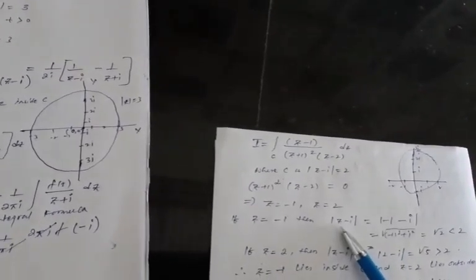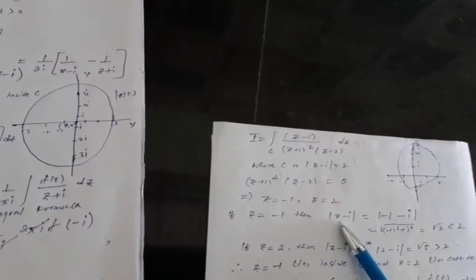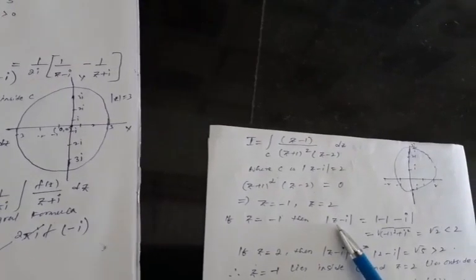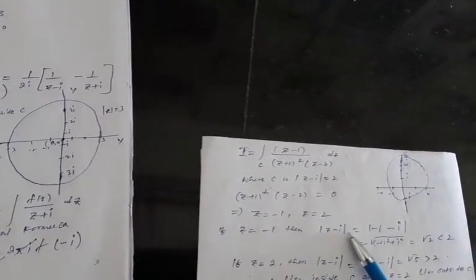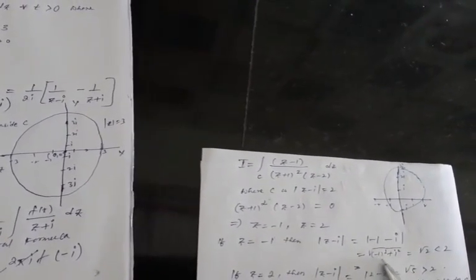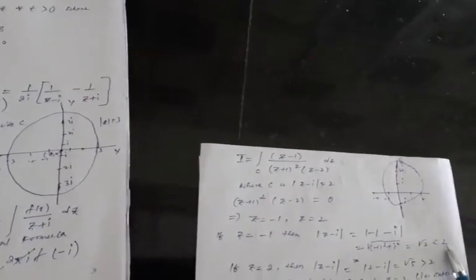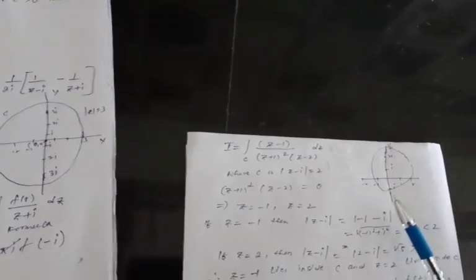Now mod of z minus i equal to 2 is the given curve. Putting z equal to minus 1, we get minus 1 minus i. So mod of minus 1 minus i is under root minus 1 square plus 1 square, which is equal to root 2, which is less than 2. So it lies inside this circle.